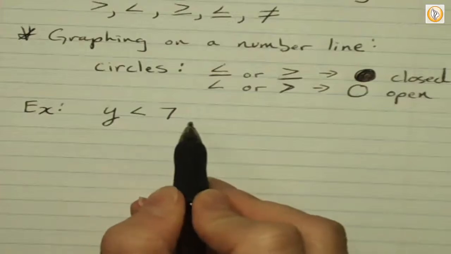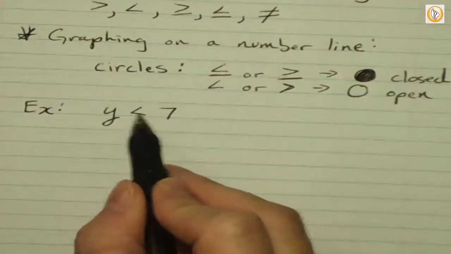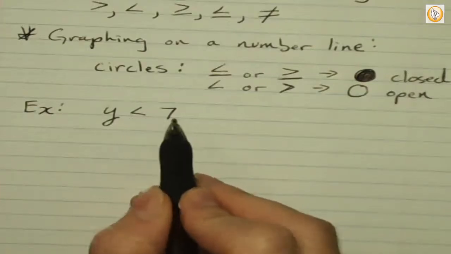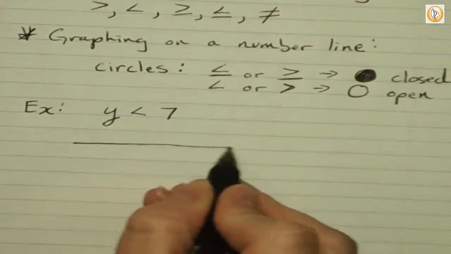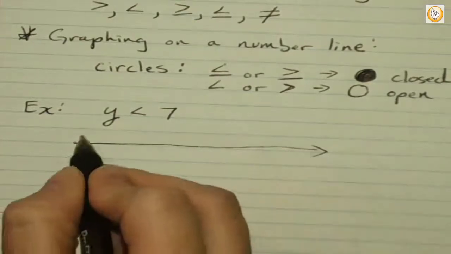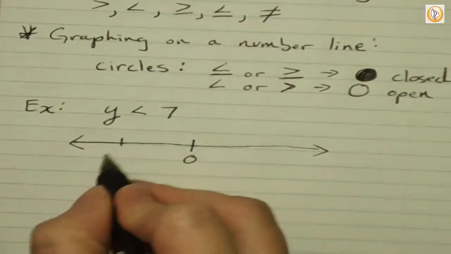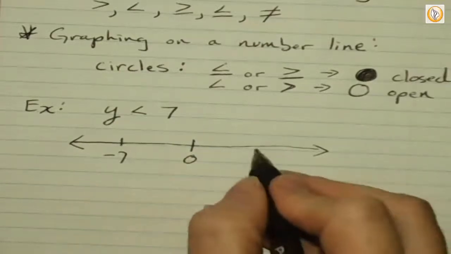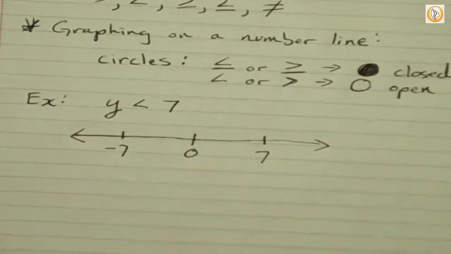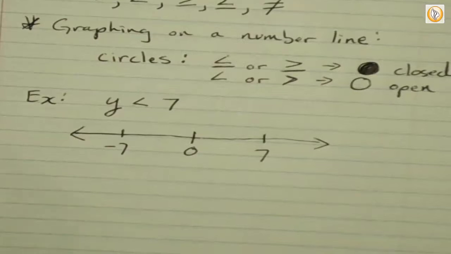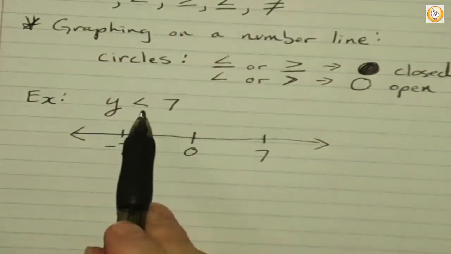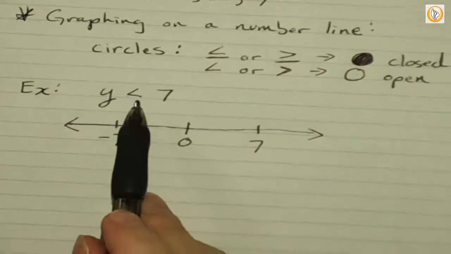If it could be 7, it would have less than or equal to. So we would graph it like this. I don't do all the numbers on there. That'd take us forever. So I'm doing my number line like this. Franz, you are writing the same thing. So Franz, with this inequality sign, is it going to be an open or closed circle?